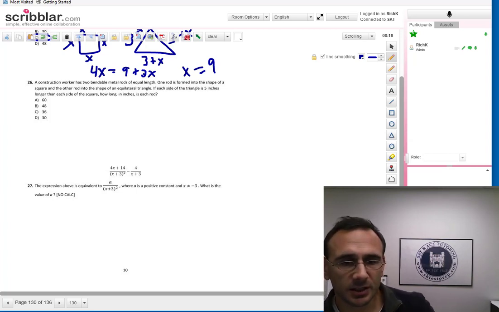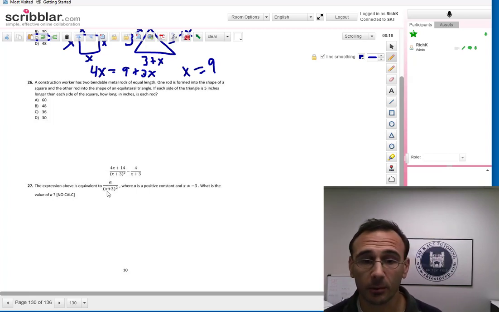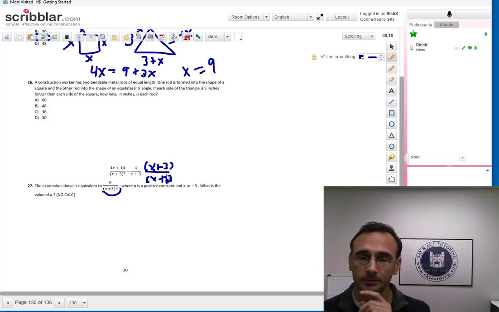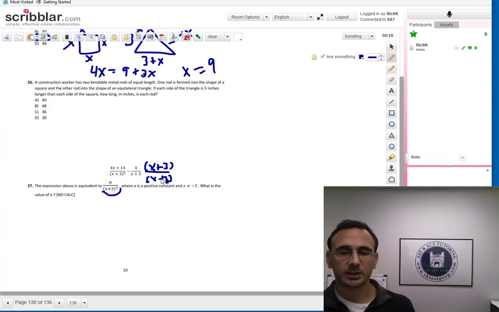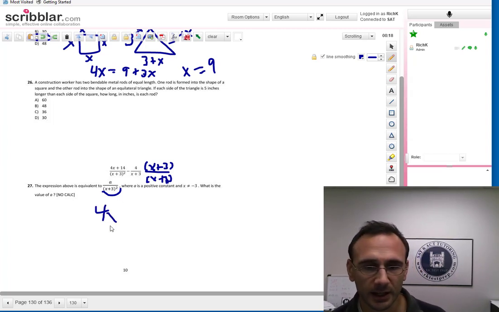We want to change this expression to another one where we have just a single number over this. So we want to times this one over here by x plus 3 over x plus 3 to get that common denominator. Just that second term. And we can do that because x plus 3 over x plus 3 is just 1. So what we get is 4x plus 14 minus 4 times x plus 3 all over x plus 3 squared.